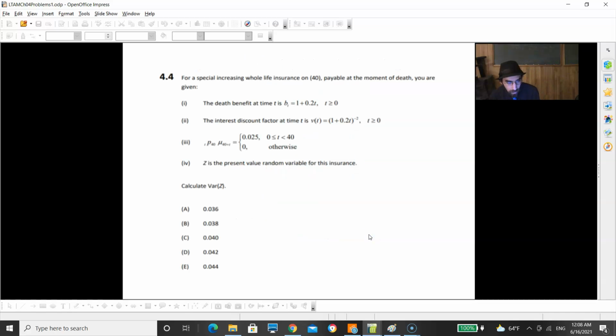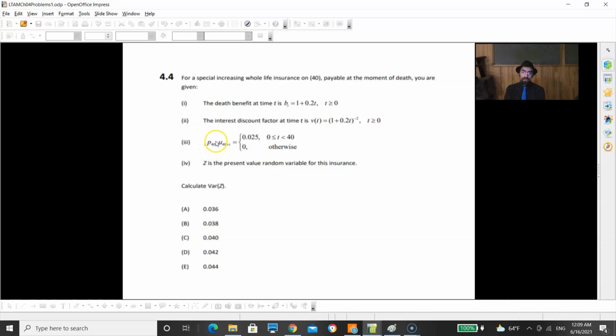Next problem. For a special increasing whole life insurance on a 40-year-old payable at the moment of death, they give you a death benefit, they give you an interest discount factor, and they give you this probability of surviving t years and then dying. And you have to recognize that t p40 times mu 40 plus t is f sub 40 of t.